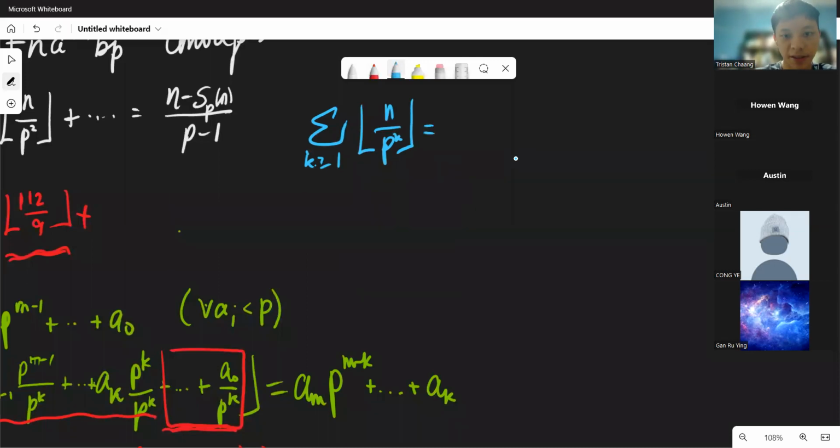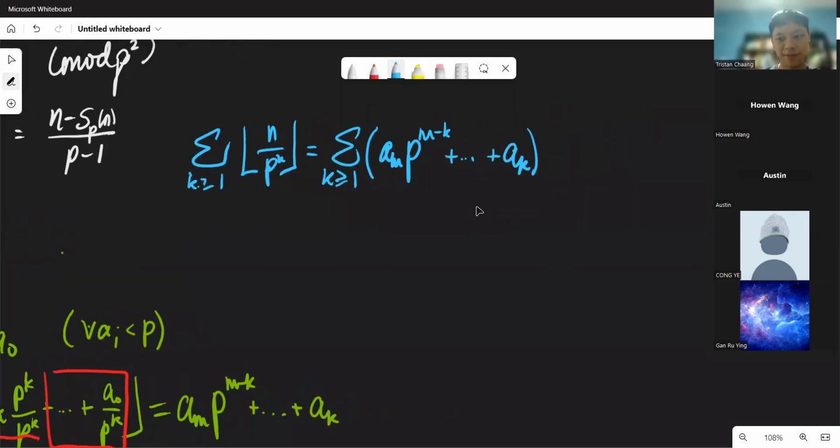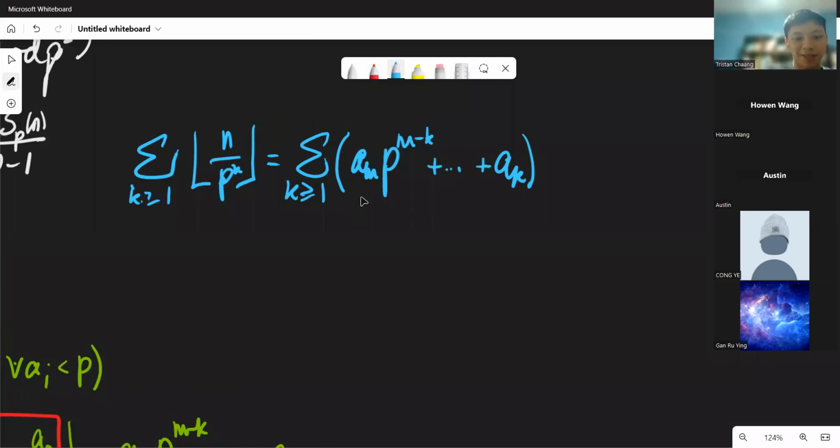This is the sum over k greater than or equal to 1 of a_m p to the m minus k plus dot dot dot plus a_k. This is kind of like a double summation. You can write this as two sums and then swap the signs appropriately, but let's just make our lives easier. We just look at this and list it out, right?